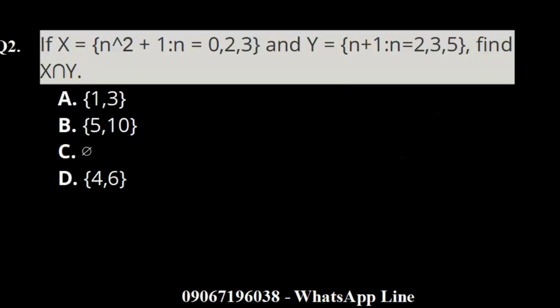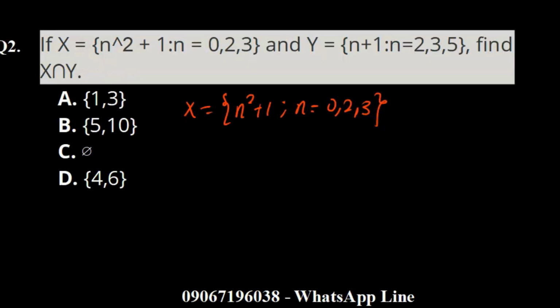Let's quickly move on to the second question. Here in the second question, we are told that X is a set of elements such that n squared plus 1, all right? So X is a set of elements governed by the formula n squared plus 1 for a set of values where n is equal to 0, 2, and 3.